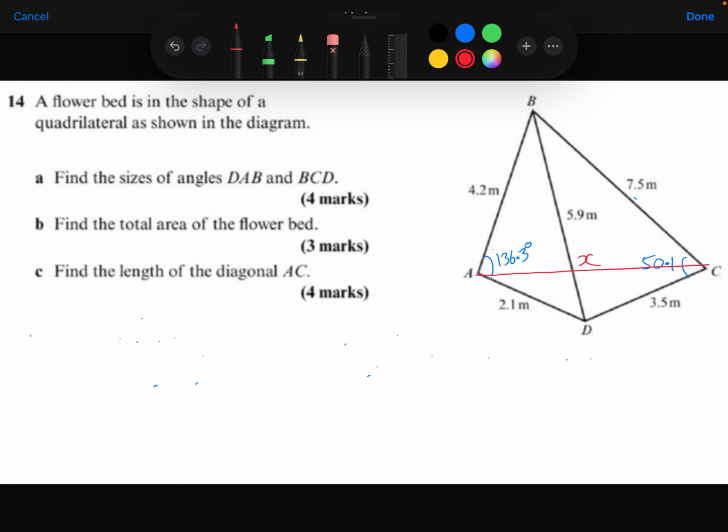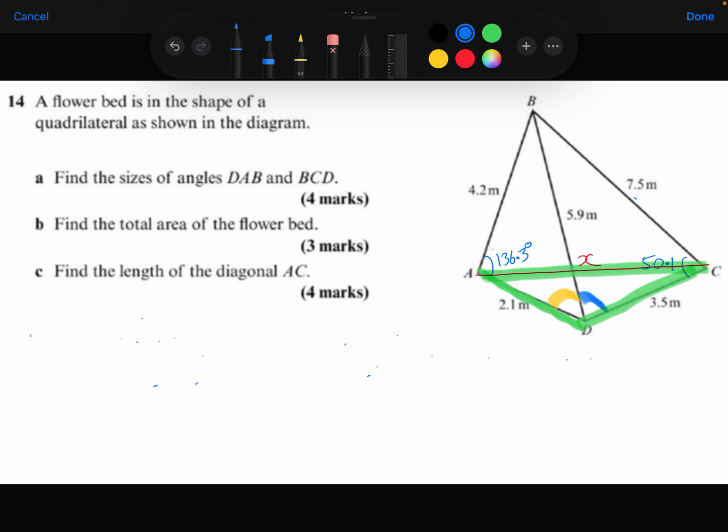Well, if I could work out these two angles here, then I could use the cosine rule with this triangle, and that will tell me length x. So let's try and figure out what's this angle here. Let me use different colours too. Let me work out this angle here, and then I'll work out this angle here, and then I'll add them together.